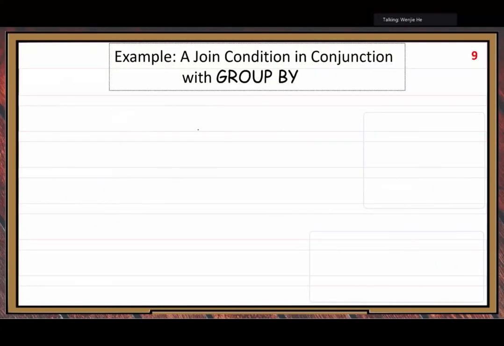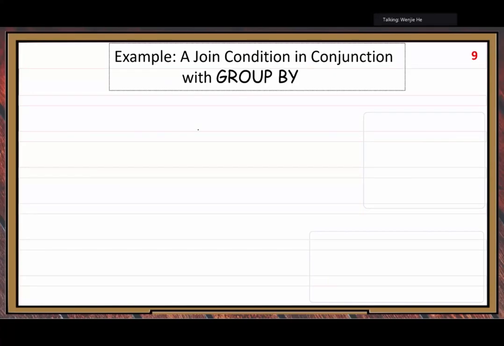Then another example: a join condition in conjunction with group by. After you apply group by, you define a sequence of subgroups. Then sometimes you may want to apply another condition on each subgroup. That's possible.